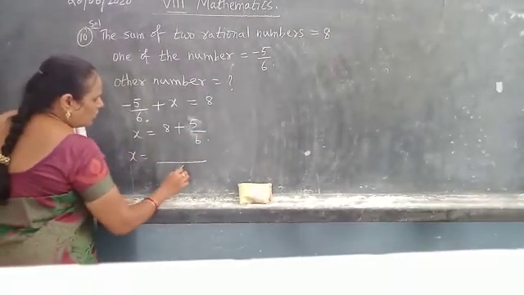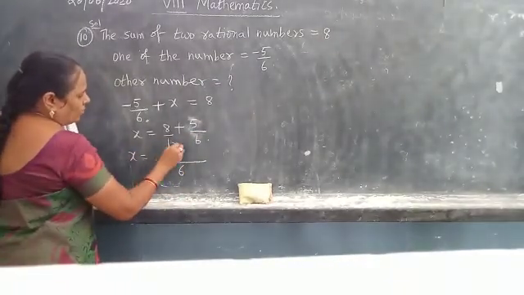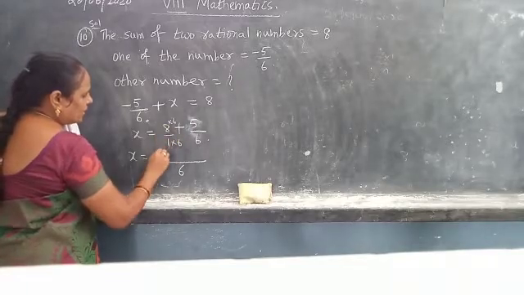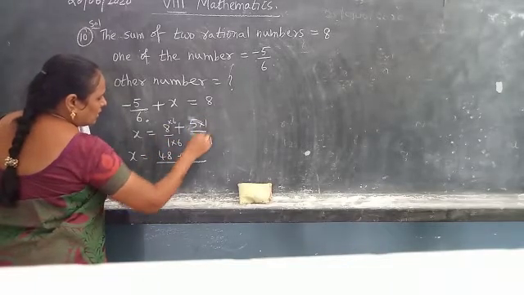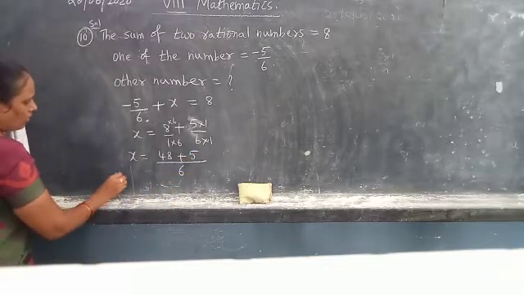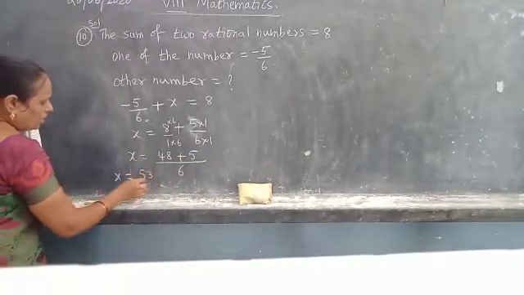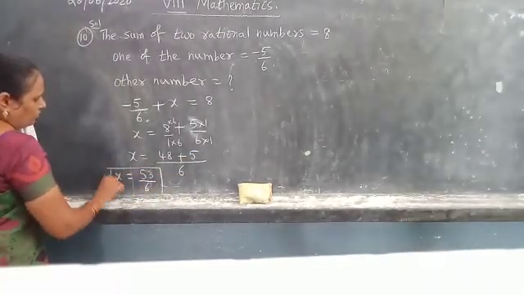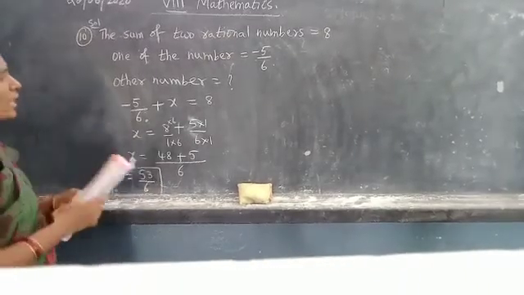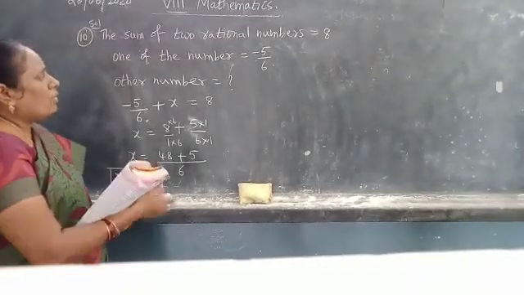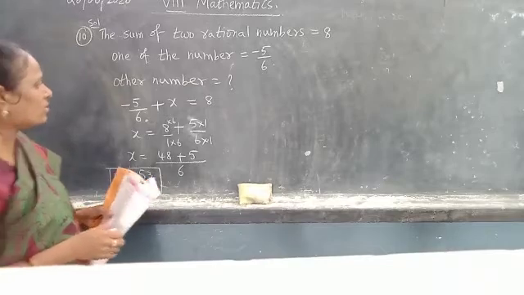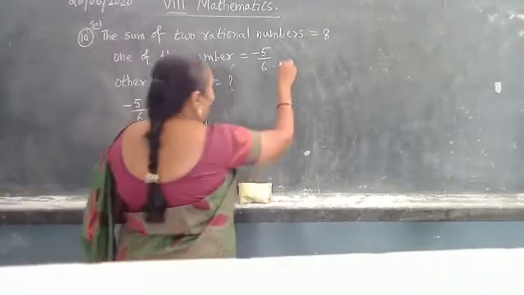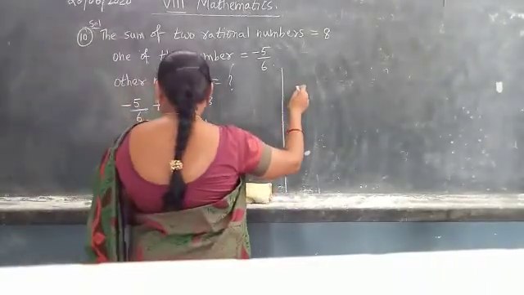Therefore x equals, LCM is 6, 1 6s are 6, 8 6s are 48, plus 6 1s are 6, 5 1s are 5. Therefore x equals 53 by 6. So 53 by 6 is the other number to add to minus 5 by 6, which gives the answer 8. That we will see whether it will come or not.